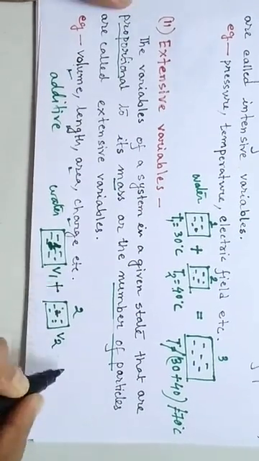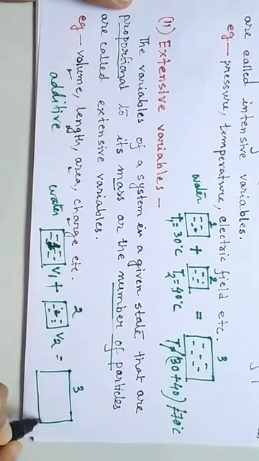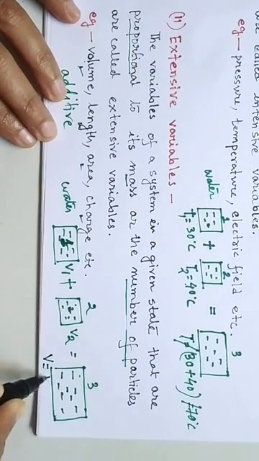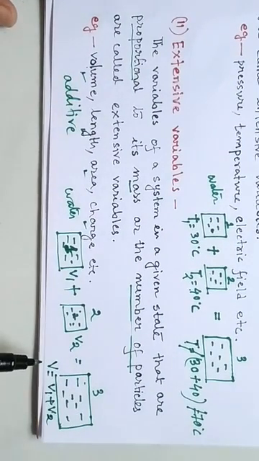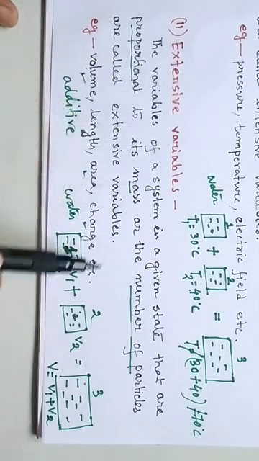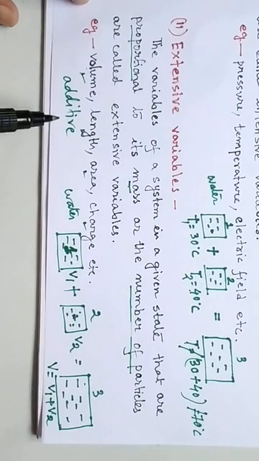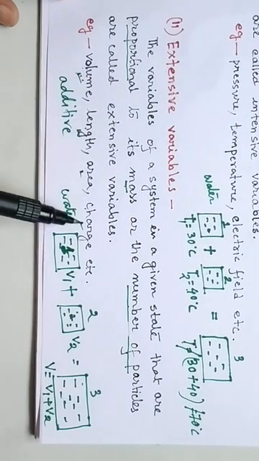Now, if we join these two systems, then we will have the third, newly formed system. And what will be the volume of this system? You see, V is V1 plus V2. So here you see the volume, being an extensive variable, depends on the mass or the number of particles. If the number of particles or the mass of the water is more, then the volume will be more, and it is additive. So every extensive variable is additive.